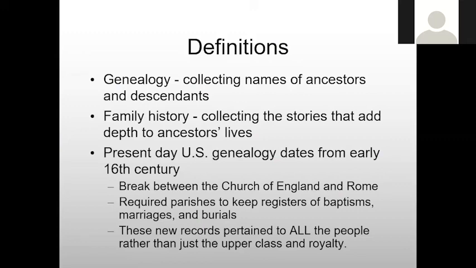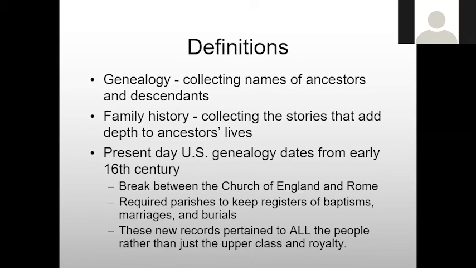Family history is the collecting of the stories about your ancestors. And these are the things that add depth to the story of their lives. And as we say, it puts meat on the bones of your ancestors.